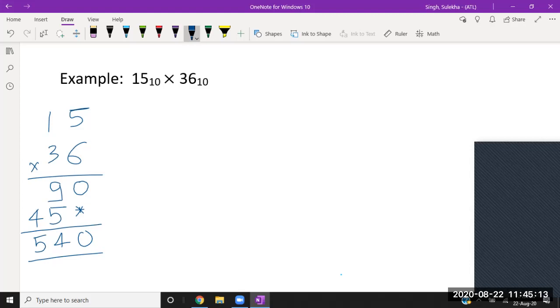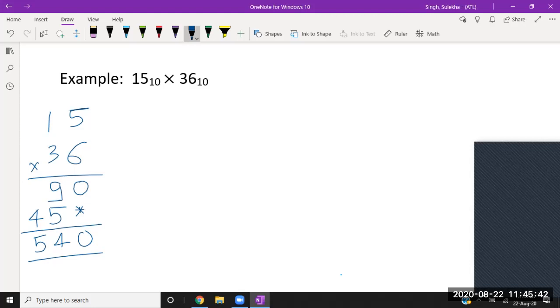If you multiply 6 with 1, you get only 6, and you can't make a pair of 10 from 6. That's why you take only 6, plus the previous carry of 3, which is 9. In this way you write this 90. If I talk about 3 into 5, that is 15.